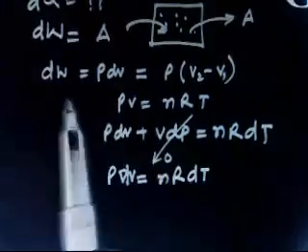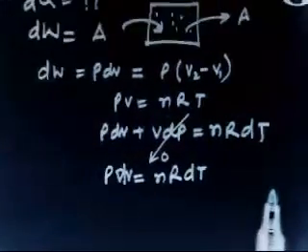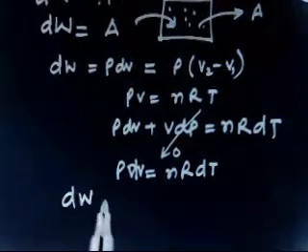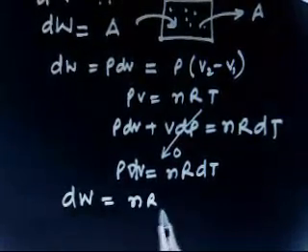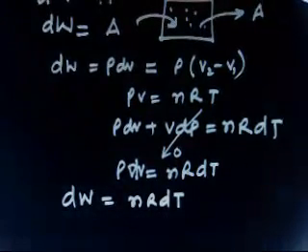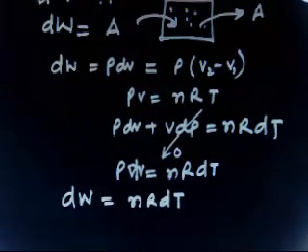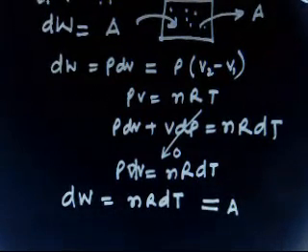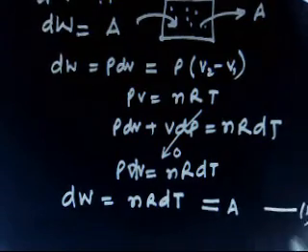So now I can equate. dW in isobaric heating is nothing but nRdT. So the work done in isobaric heating can be written as nRdT, and this equals A. This is given in the problem. So this is my equation number 1.